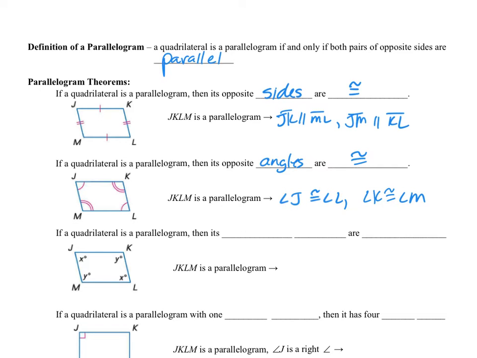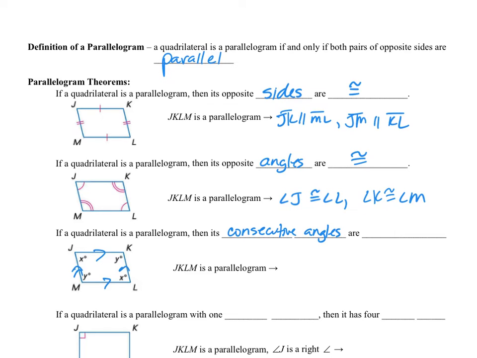Our third theorem that has to do with parallelograms says the following. If a quadrilateral is a parallelogram, then its consecutive angles are, before I fill in the blank, let's see if we can recall. Remember, if this is a parallelogram, let me mark opposite sides parallel.